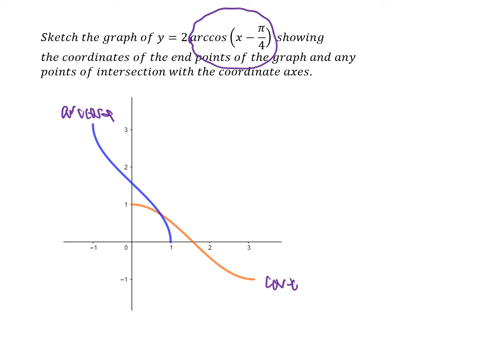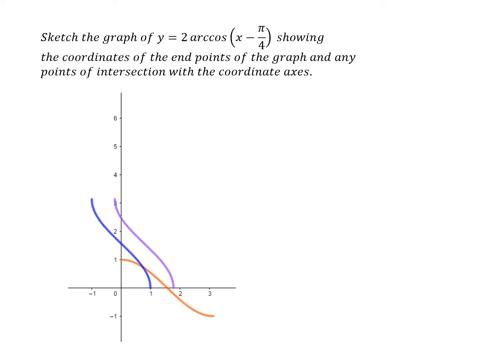So this is a transformation of the graph of arccos x. It's a translation by pi over 4 units in the positive x direction. So that's what the graph of arccos(x minus pi over 4) looks like.